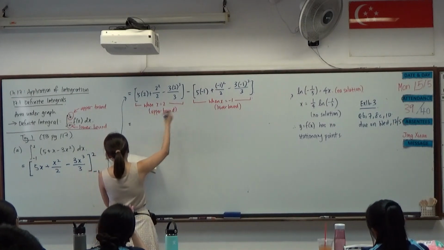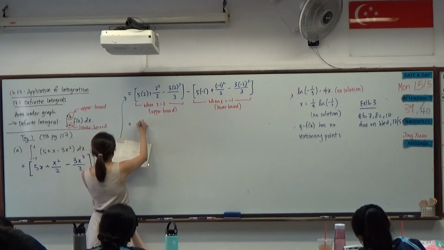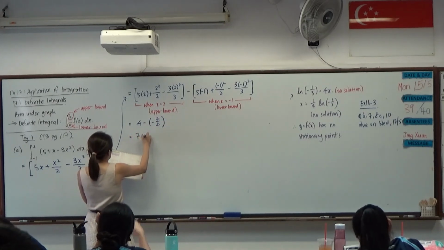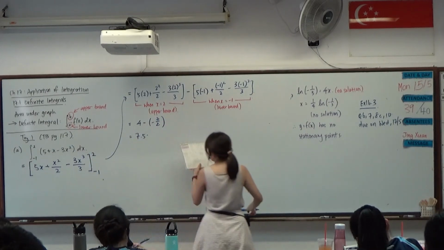If you want to do it part by part, that's also possible. You should get 4 minus away negative 7 also. So we get 7.5.